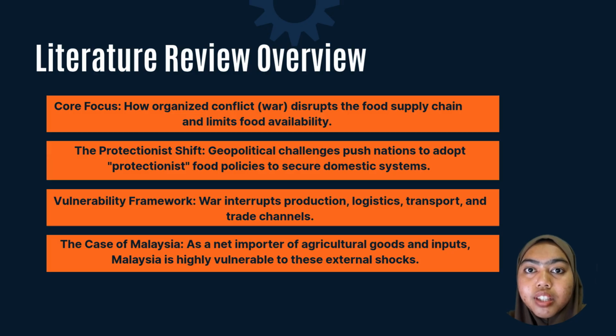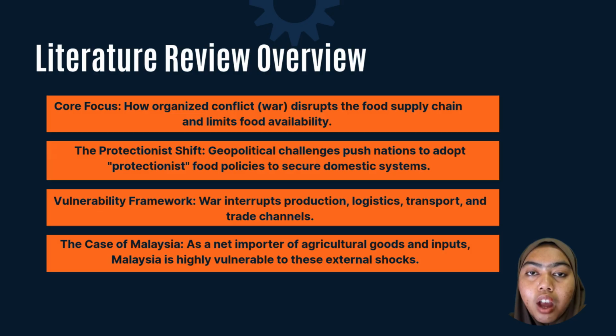Moving into the next section, our literature review focuses heavily on how organized conflict or war directly disrupts global food supply chains and limits overall food availability. Recent academic consensus points out that geopolitical challenges have pushed many nations to adopt protectionist stances to secure their own domestic food systems. When a war breaks out, it triggers a domino effect, interrupting agricultural production, halting the logistics and transportation of goods, severing fertilizer supply lines, and closing critical trade channels.